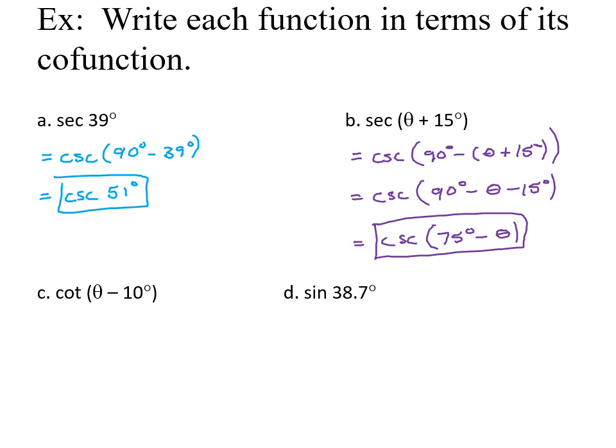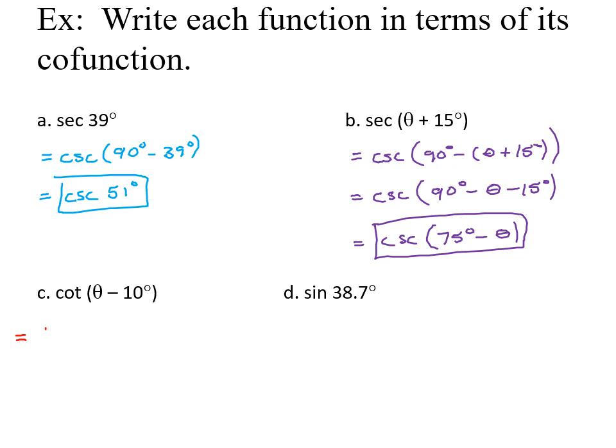Or if we went the other way around, instead of being a plus an angle, we could do minus an angle like on part C, where it says cotangent of theta minus 10 degrees. Cotangent and tangent are cofunctions, and they're the only ones that are really kind of confusing because tangent and cotangent are reciprocals and cofunctions, so a little bit of a hiccup there.